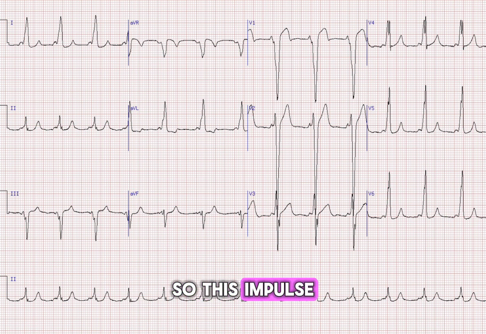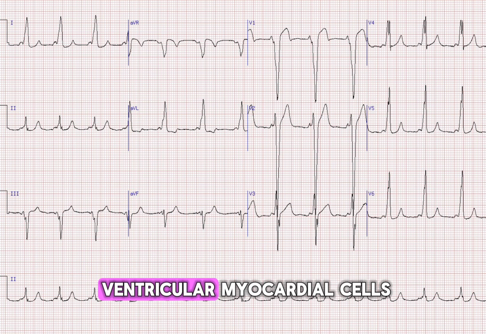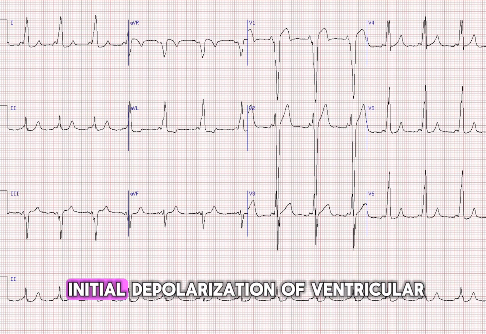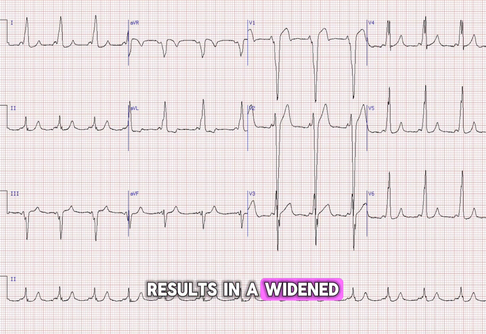So this impulse, which is carried from the atria into the ventricle by the accessory pathway, starts depolarizing the ventricular myocardial cells even before the normal impulse through the AV node has transmitted. This results in a short PR interval, as well as the initial depolarization of the ventricle results in a widened QRS complex.